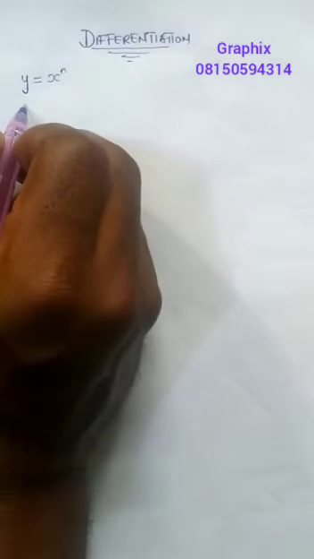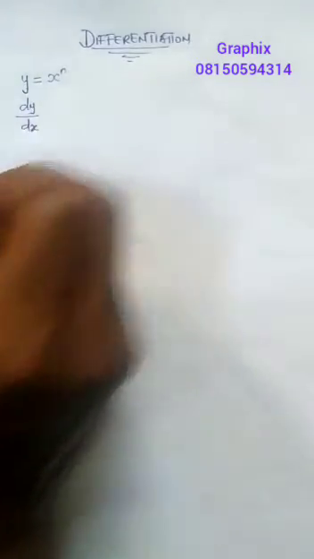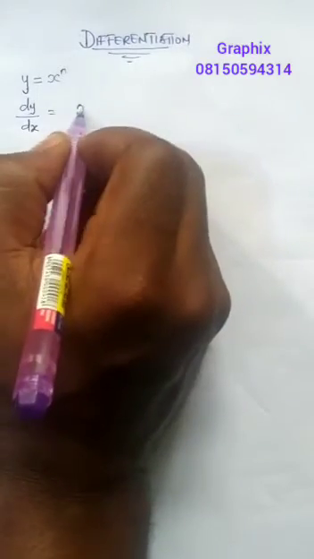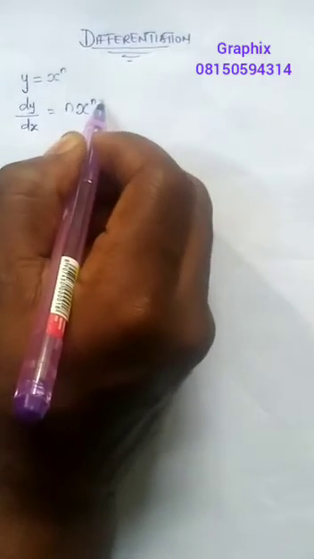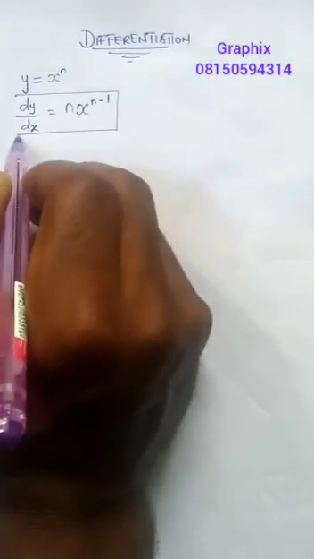So once I place my dy over dx, is that taken? It means that I'll write down my x^n back, and I will take my n to the front and subtract 1. It shows that I have differentiated. This is the general formula for differentiation.